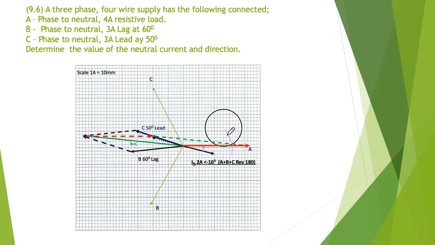And again, remember we're rotating this way. So it's behind, so it's minus 16. So don't forget, you go A plus B plus C, but we always reverse the final result when determining neutral currents, because we actually want to get the opposite. By adding, we actually end up subtracting.